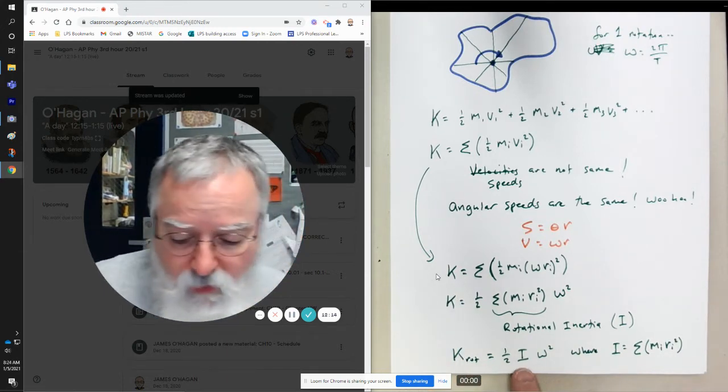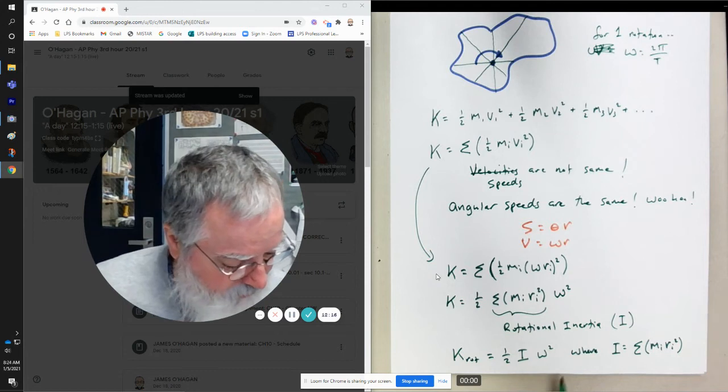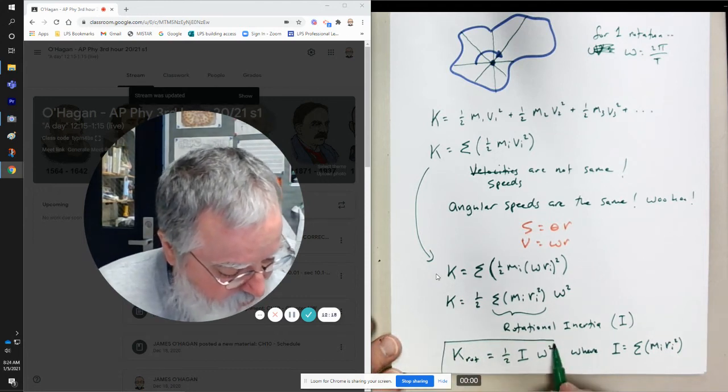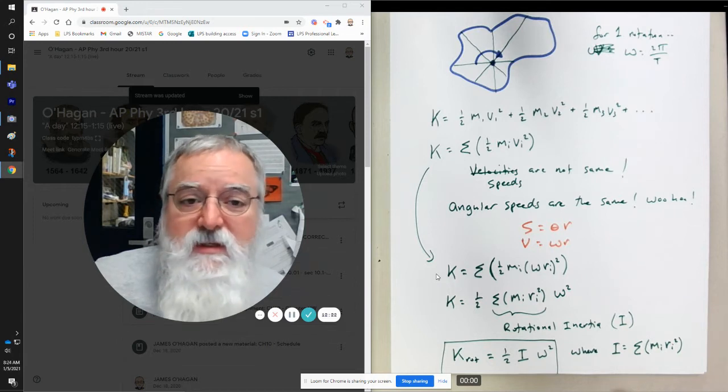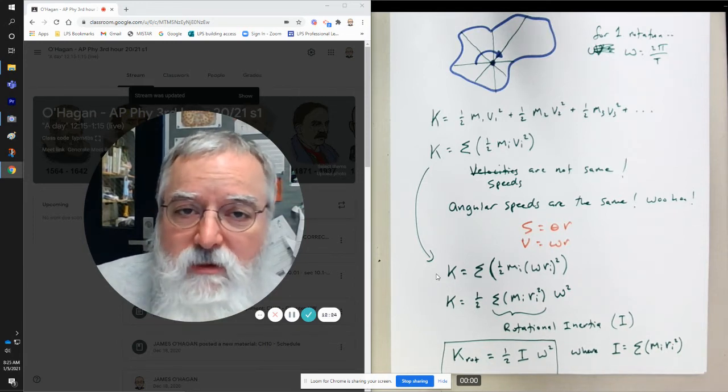So this is called rotational inertia. Here's our kinetic energy of rotation. Here's our rotational inertia. This rotational inertia is the rotational equivalent to mass.